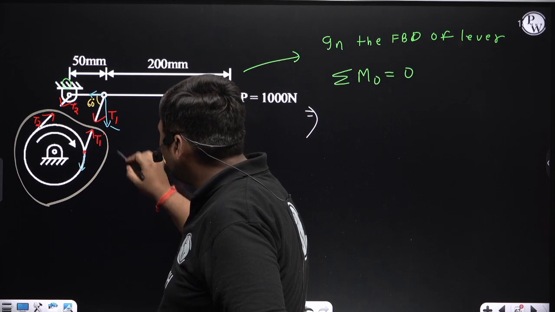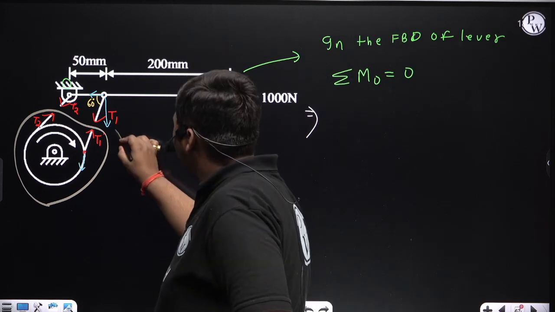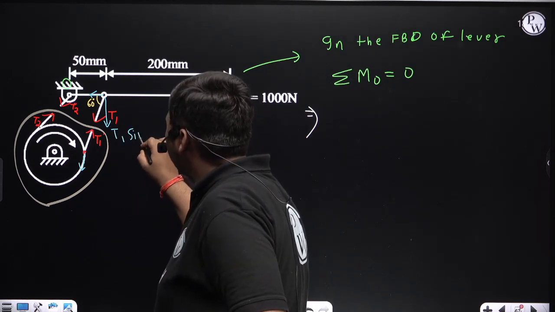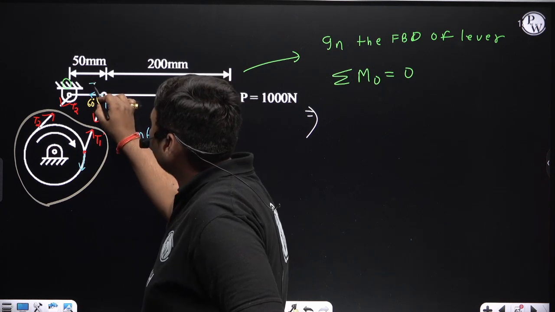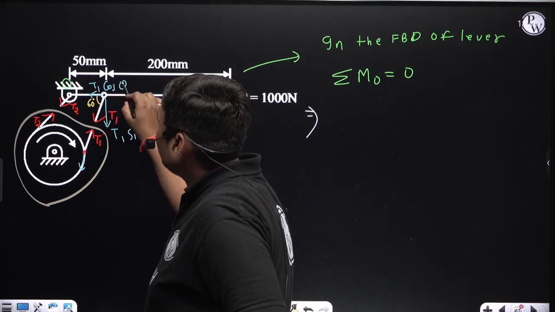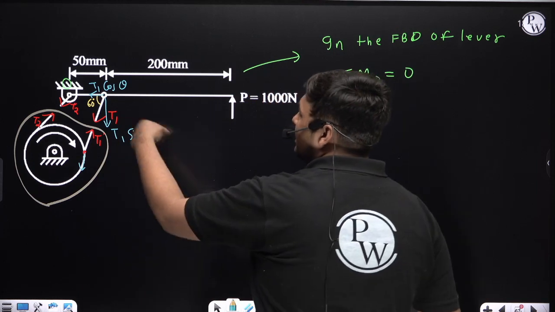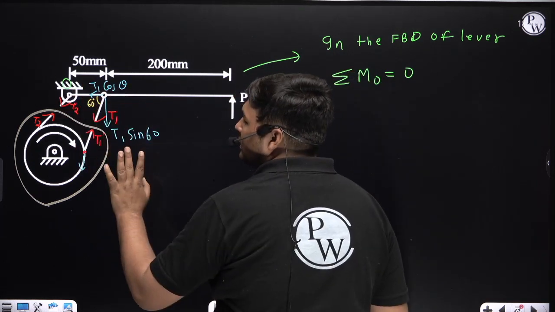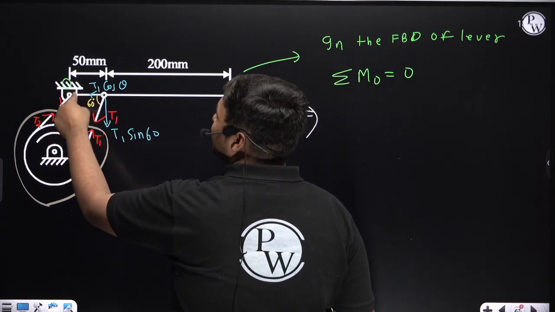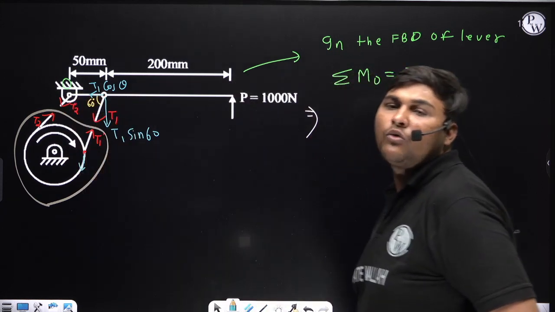This vertical component will be T1 sin 60 and this horizontal component will be T1 cos 60. Now we can easily take the moment of the vertical or horizontal component about O. We need not resolve T2 because T2 is passing through O, so its moment about O will be 0.